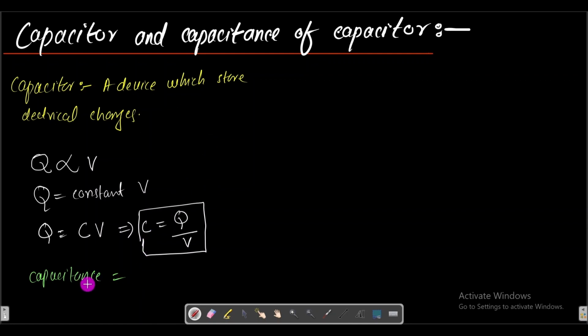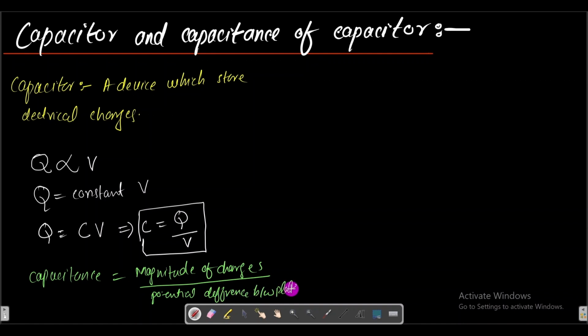So the capacitance from the above equation is the magnitude of the charges on the plates divided by the potential difference between the plates. This is called the capacitance of the capacitor.